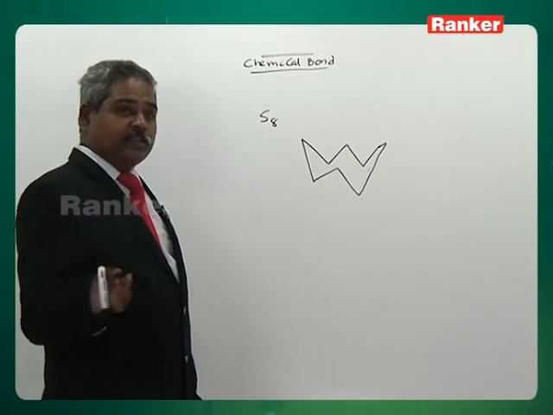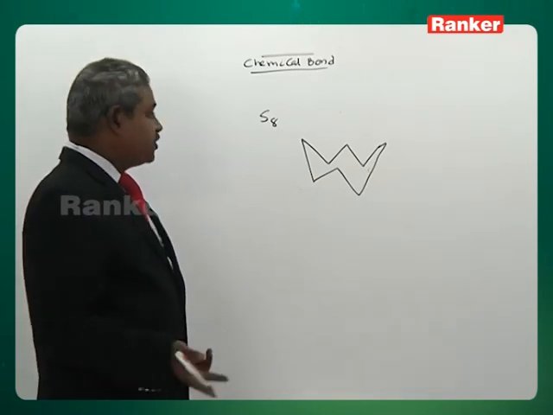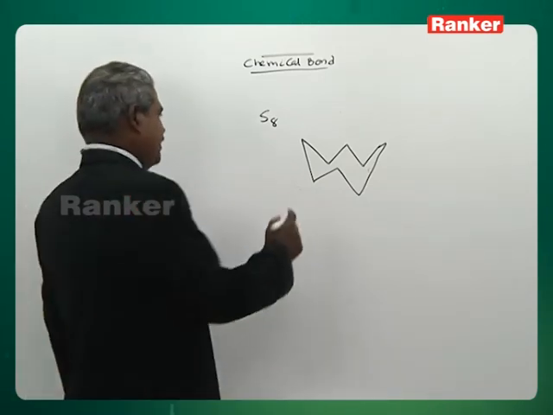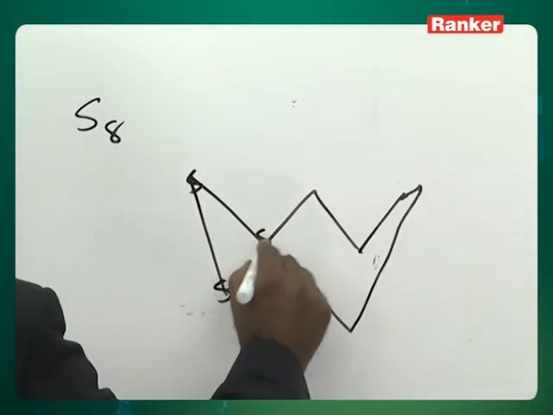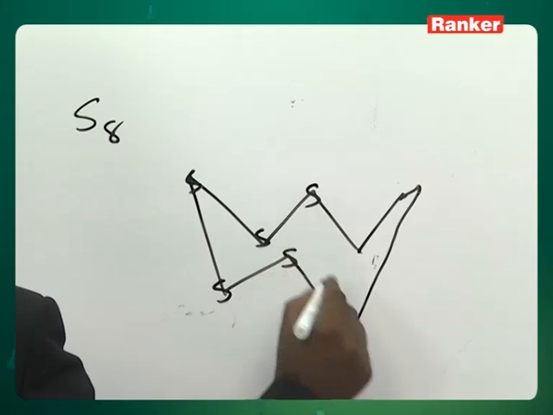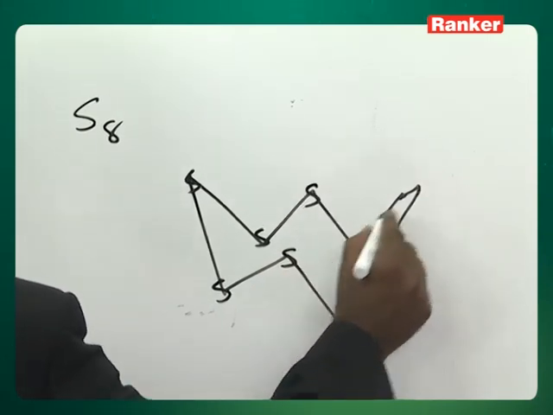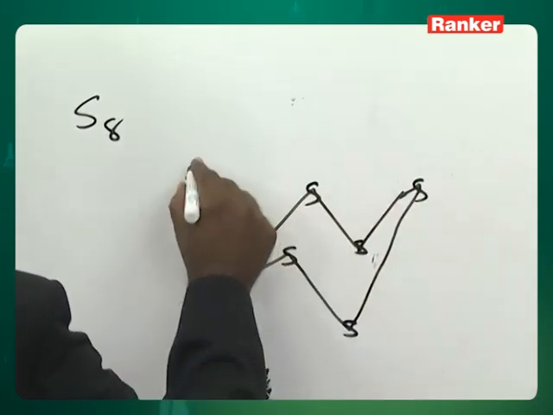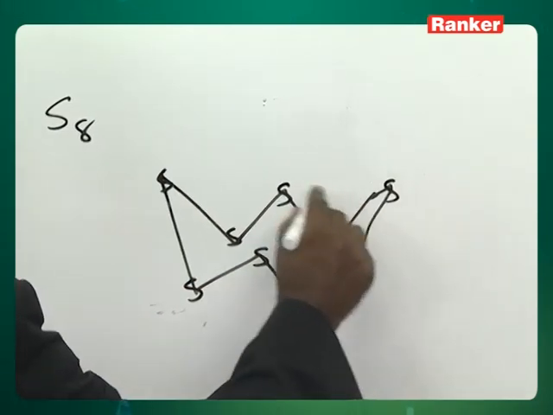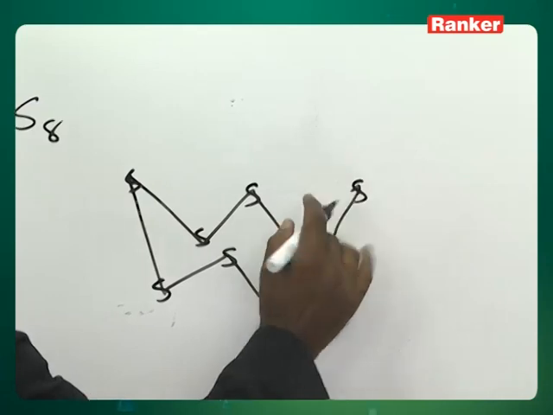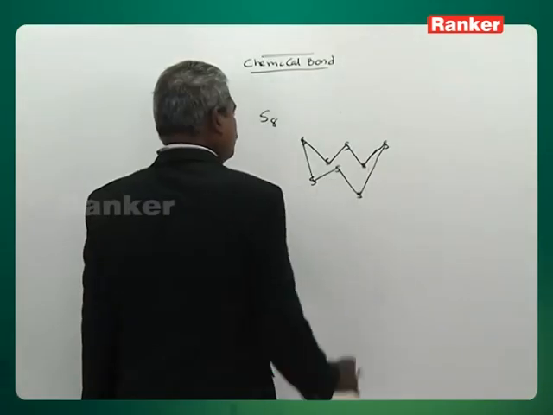With two bond pairs and two lone pairs, each sulfur should have a V shape around it. You will see so many V's here. Around each sulfur there must be a V shape because of two bond pairs and two lone pairs.